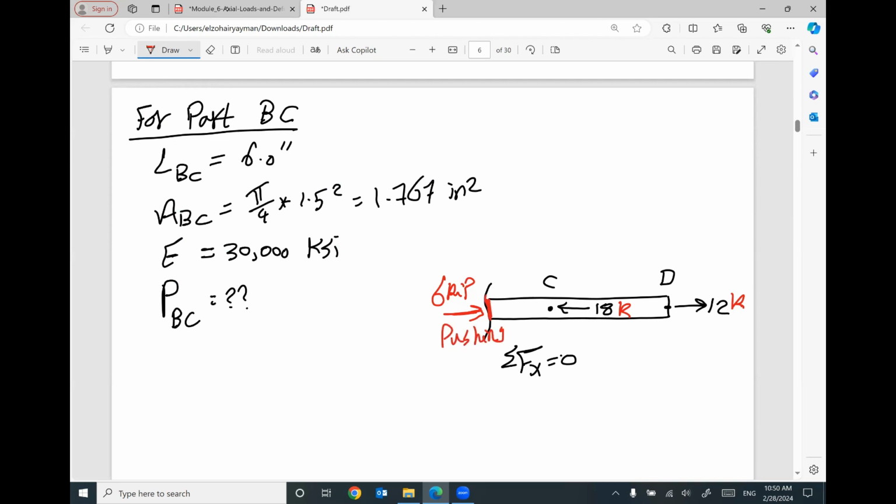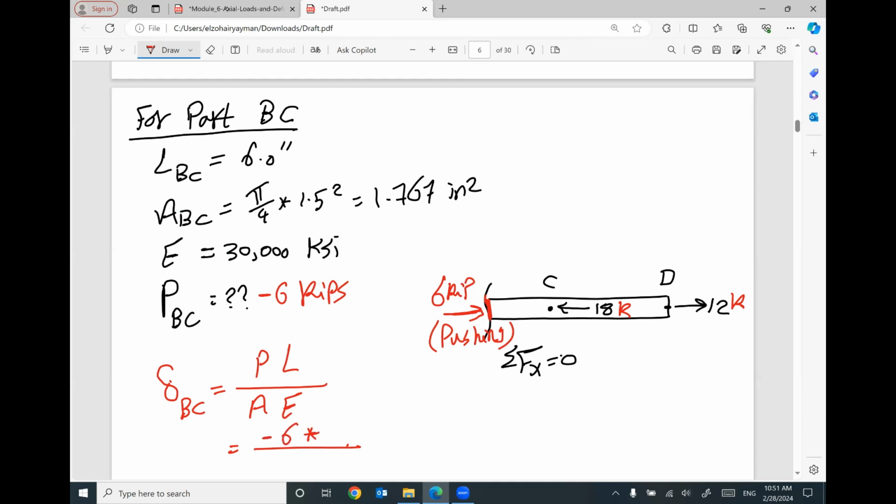Pushing means compression. Compression means -6. So I can say we will have contraction in part BC. This contraction equals PL divided by A times E only for part BC. So the applied force in this part, -6.